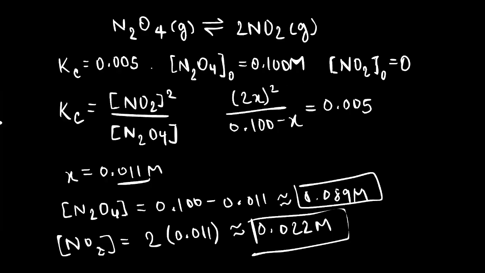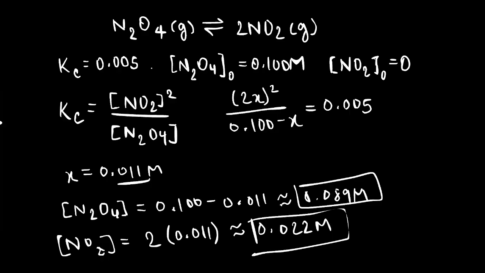What we have to see is if this x value is less than or equal to 5% of our initial concentration, then it is small enough to be negligible and we can use this approximation.